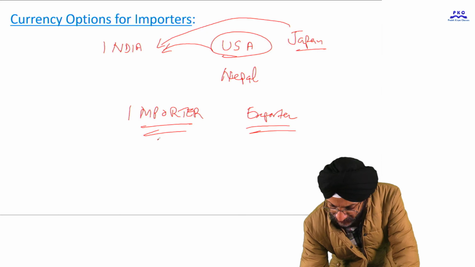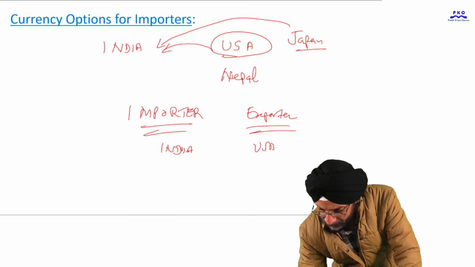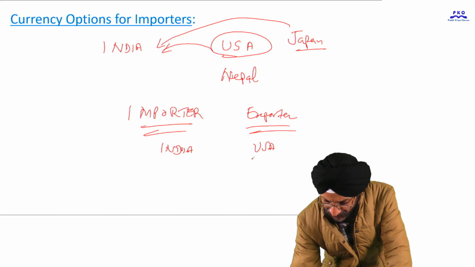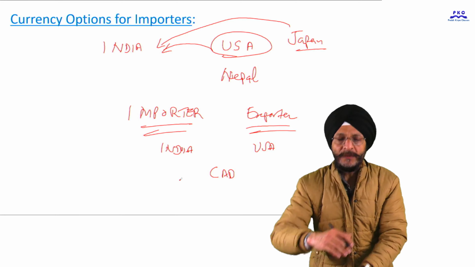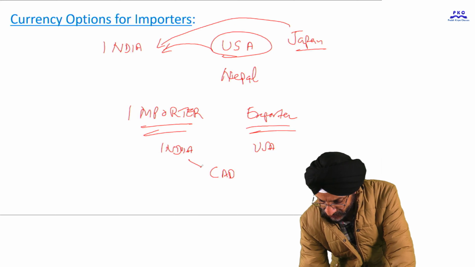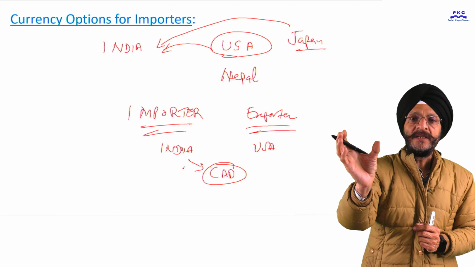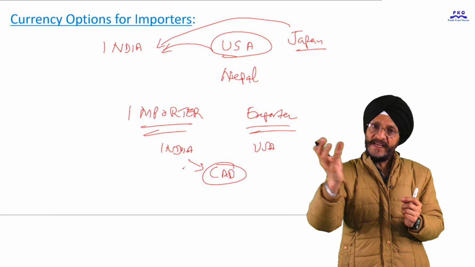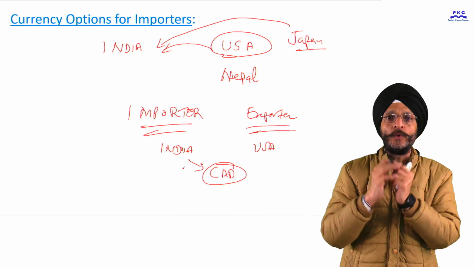For example, in the case of India and USA, the exporter and importer may agree to pay in some third currency. Though it is very rare, it may happen that some third currency may be opted for international trade, as agreed. It may also happen that sometimes there are trade agreements between two countries.